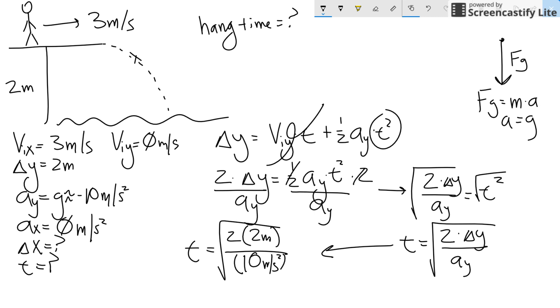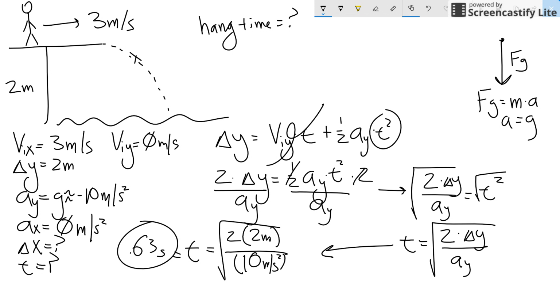Let's plug this into the calculator. So 2 times 2 divided by 10 is 0.4, square root of 0.4 equals 0.63 seconds. That's how much time they're in the air.